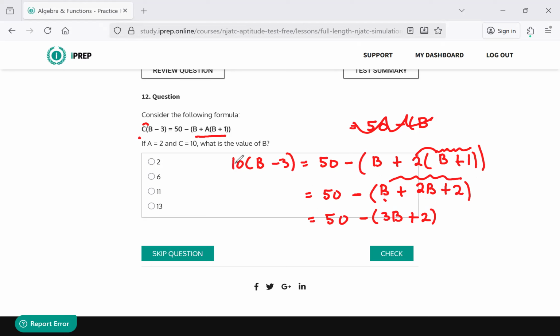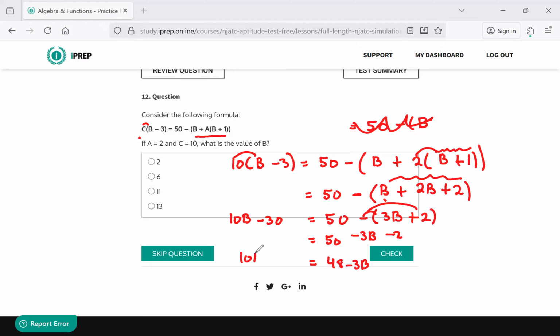And then on the left side, maybe I could FOIL out that 10. So that's 10B minus 30. Then I may FOIL out this minus, so this is going to be negative 3B minus 2. And then what's 50 minus 2? 48.